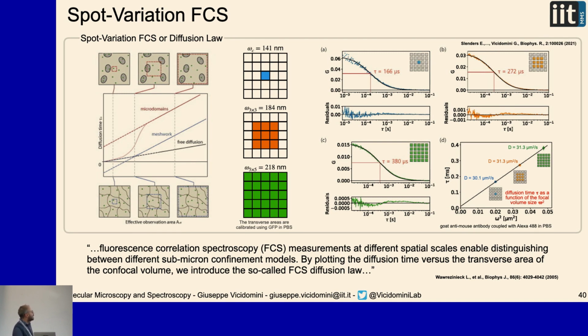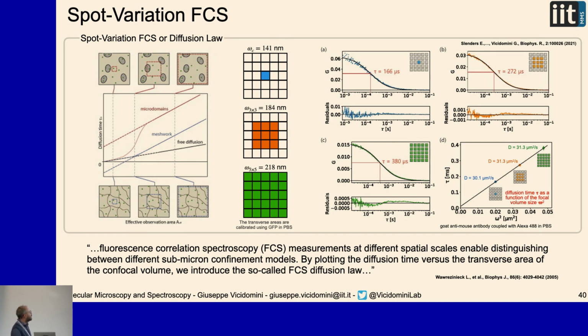If you plot the transit time, so the time that the molecule spends to cross the probing region, as a function of the size of the probing region, you can tell much more about the kind of mobility of your molecule. For example, you can distinguish free diffusion if this curve passes through the origin of the y-axis.